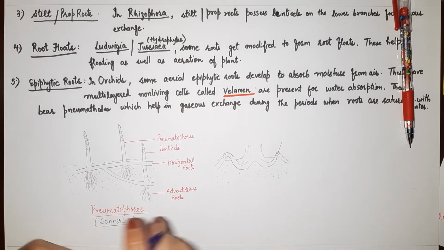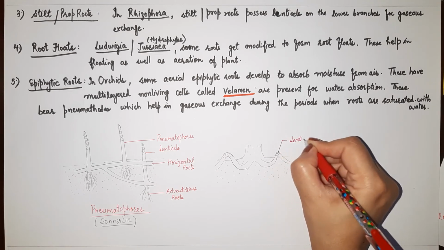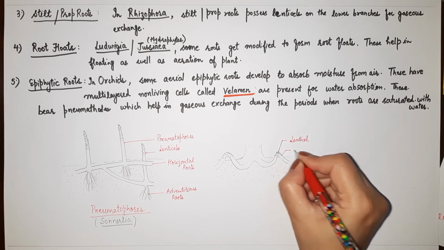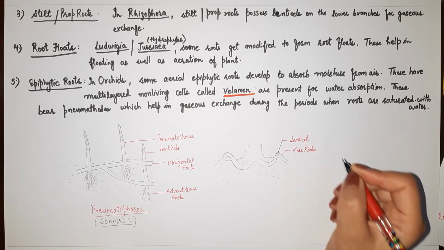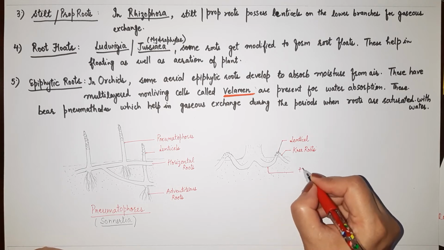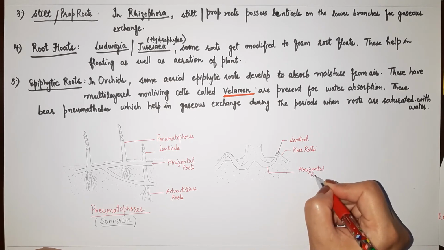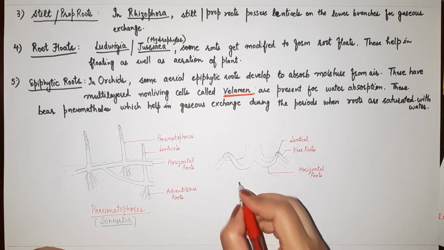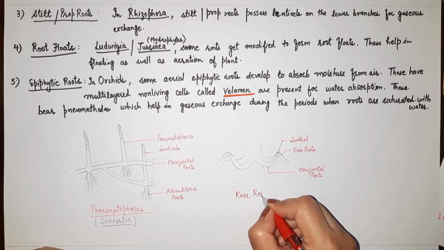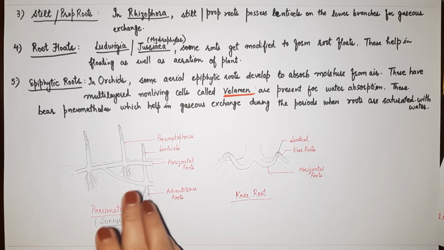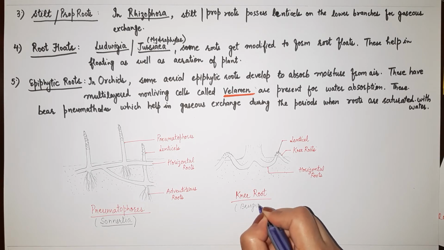So we have lenticels, and these are called knee roots, and these are horizontal roots. So this is a structure of knee or bent root, and we have taken the example of Bruguiera.